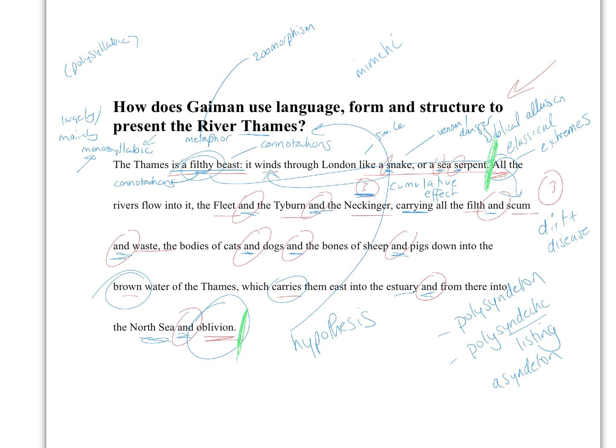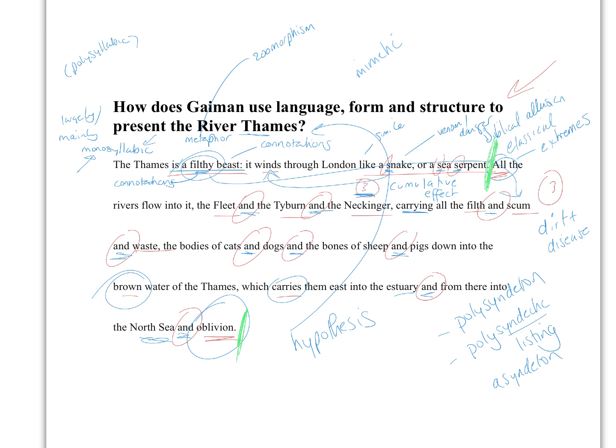Now, the final thing I'd always ask myself is, do I have any alternative interpretations of this? Because the wonderful thing about English, or the frustrating thing about English, depending on whether you're a fan or not, is that it's interpretative. You actually get more credit for exploring ambiguity, things that could mean this, could mean that.